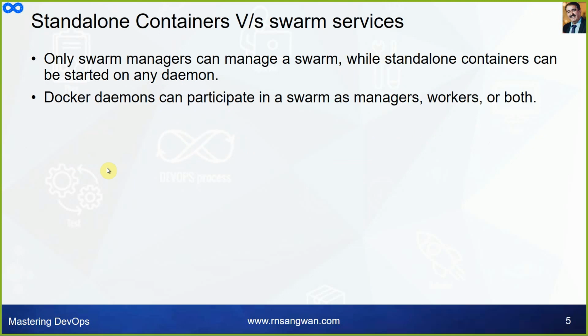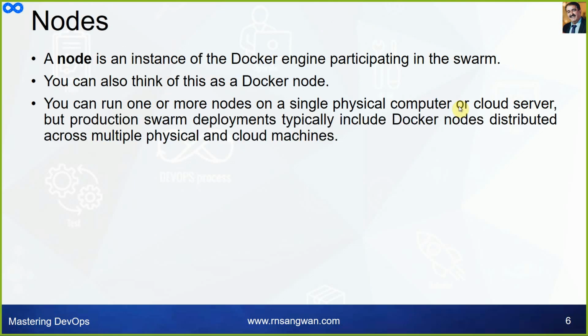Standalone containers versus Swarm containers or Swarm service. Only Swarm managers can manage a swarm, while standalone containers can be started on any daemon. A Docker daemon can participate in a swarm as manager or worker or both, as we discussed earlier. The node is an instance of the Docker engine participating in the swarm.